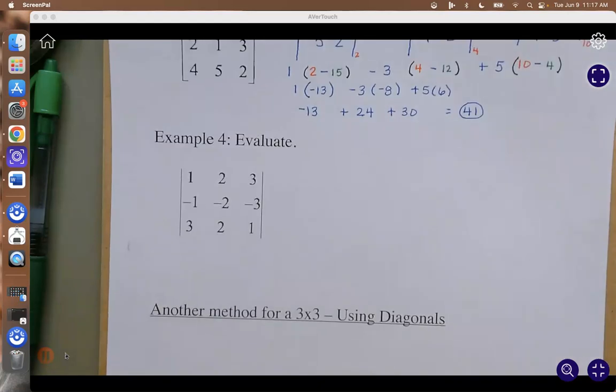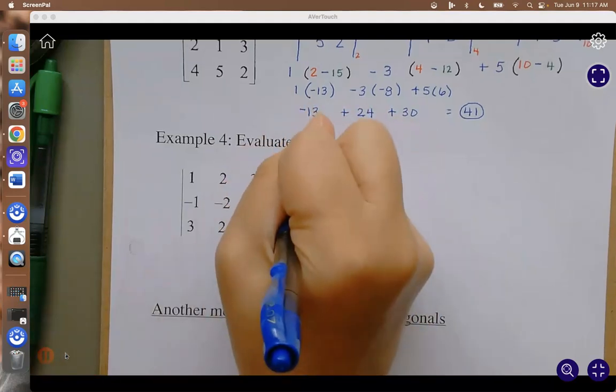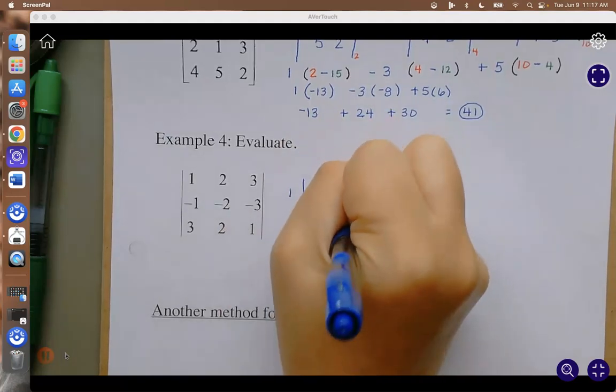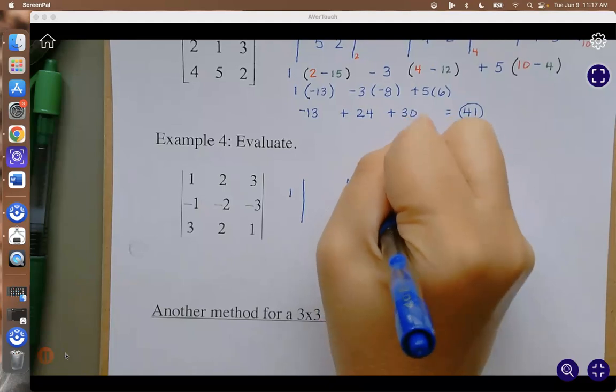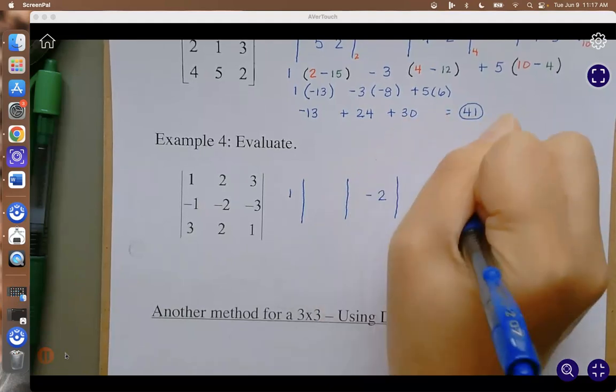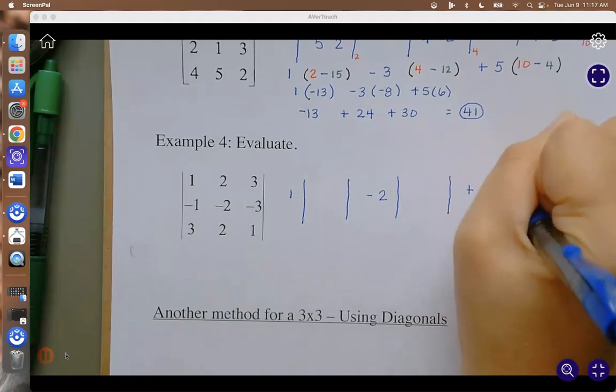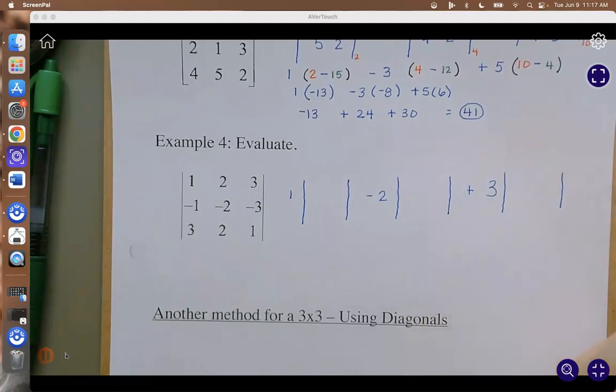Alright, next, let's do another one. So our numbers are 1, minus 2, plus 3. 3 got really large, sorry about that.